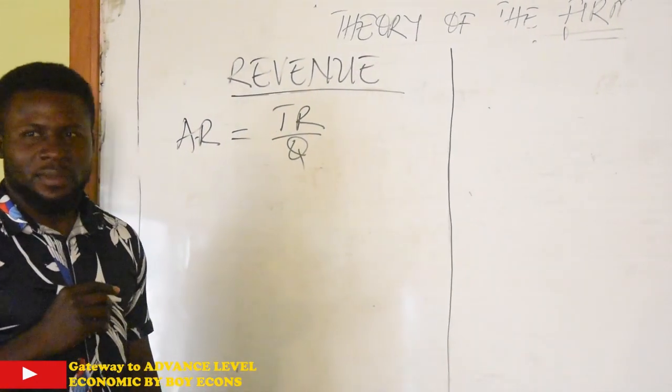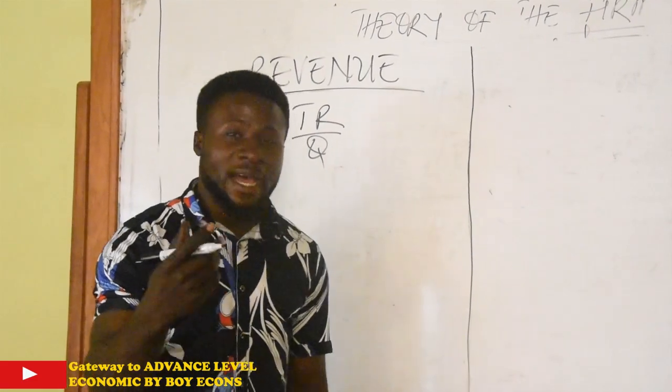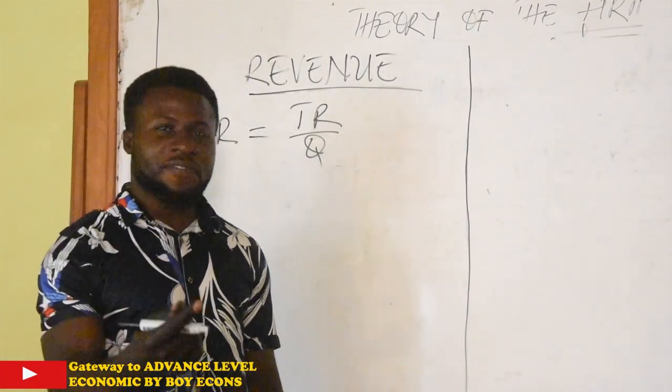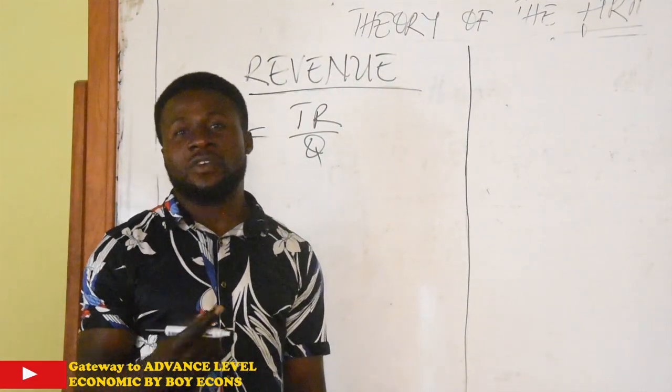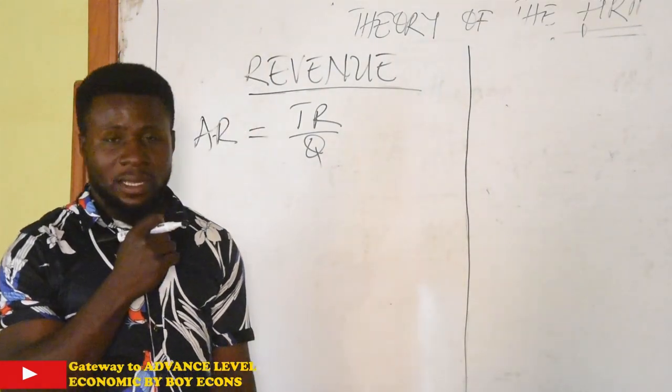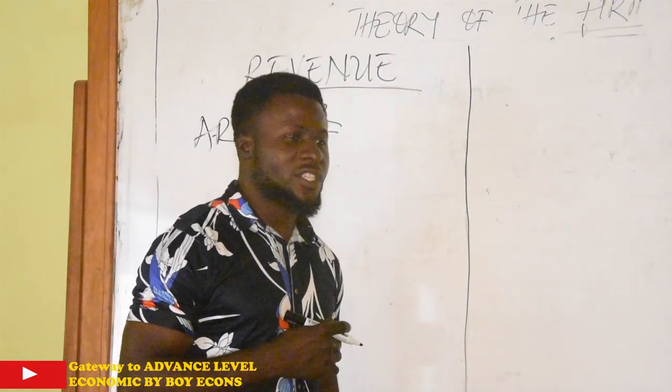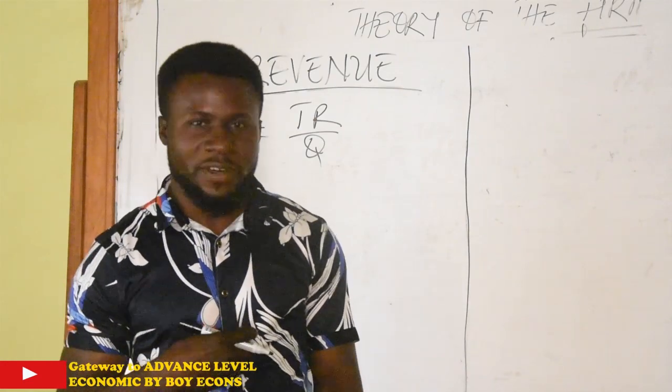The average revenue graph is drawn differently when we are operating under perfect competition, but when we are under imperfect competition, average revenue is drawn differently.